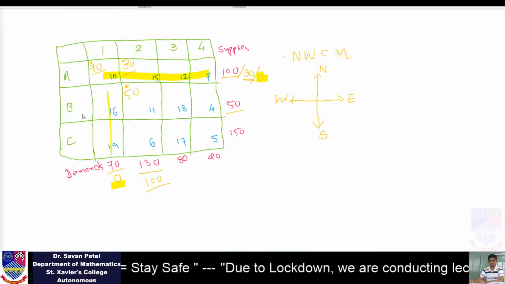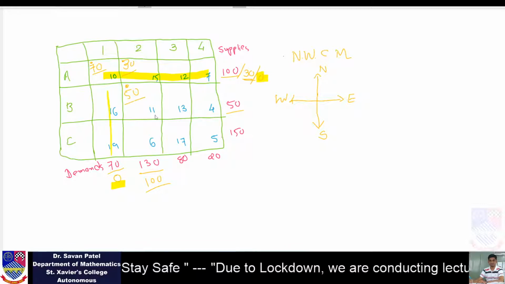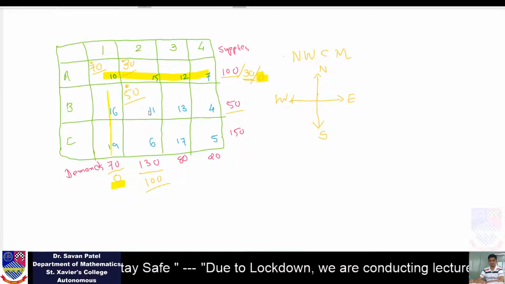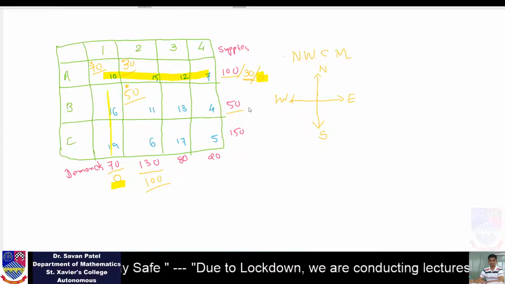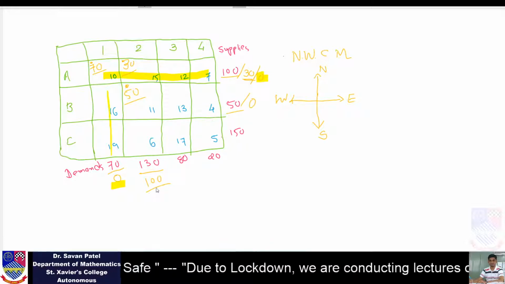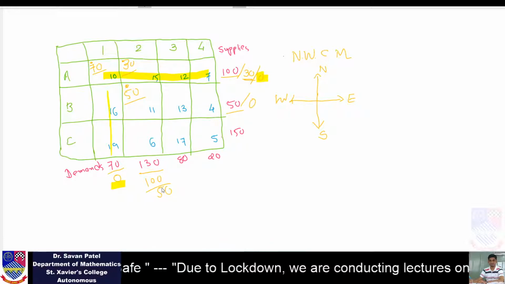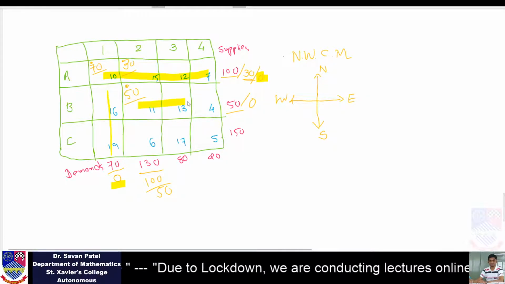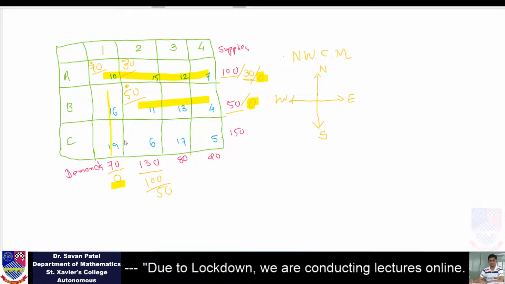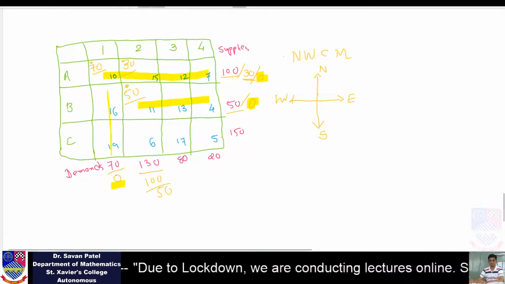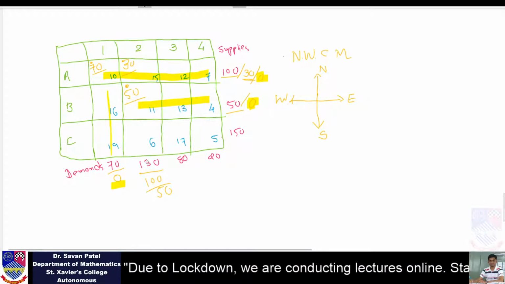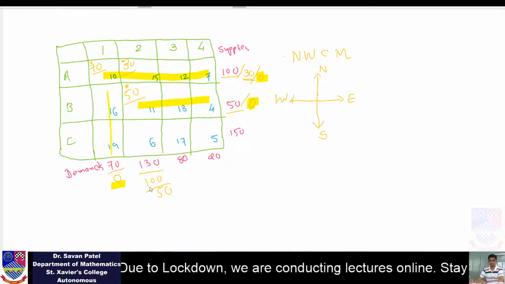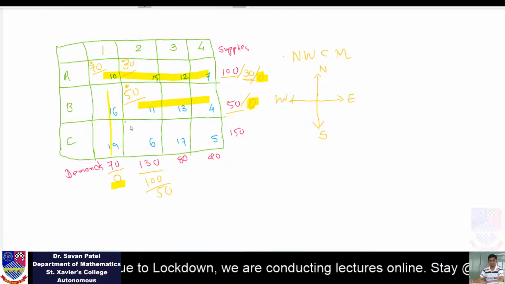So we will transport 50 units from B to 2. Now here we are left with 0 units, and here we are left with 50 units. Since this is 0, we cancel this row. Now we have this table left, and in this cost table, this is our northwest corner.